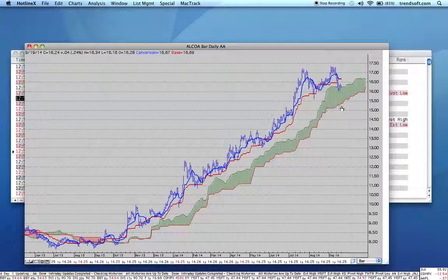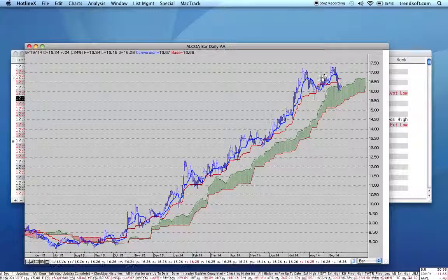When the Senkou Span B line crosses above the A line, as might possibly happen in the near future here, the cloud is represented in red as the downtrend is dominant and strong. When the Senkou Span A line is above the span B line, in other words, this green line is above the red line, then the cloud is green. So at a single glance, you can see whether we're in an uptrend or downtrend, how strong that trend is, and so on.